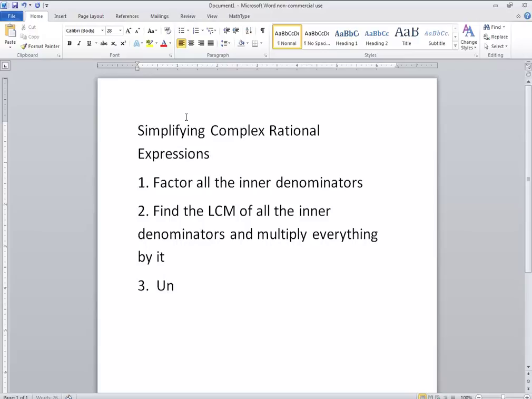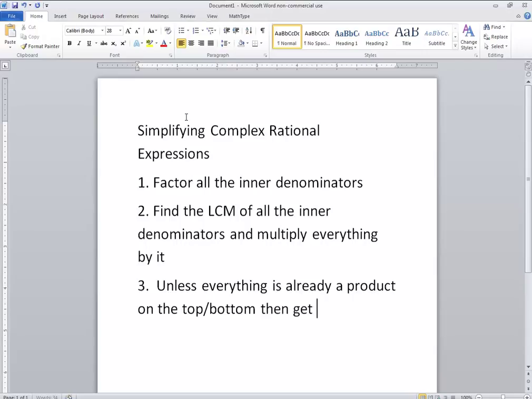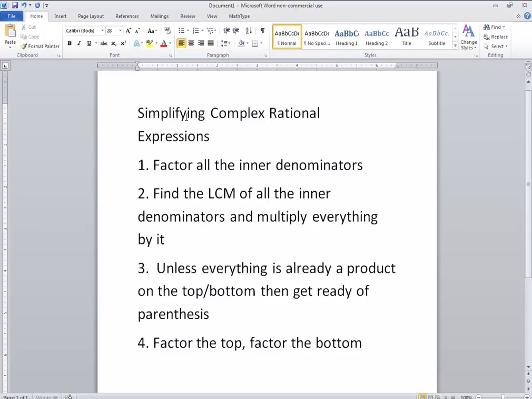Step 3, unless everything is already a product on the top and bottom, then get rid of parentheses. Step 4, factor the top, factor the bottom, and step 5, cancel, if possible.